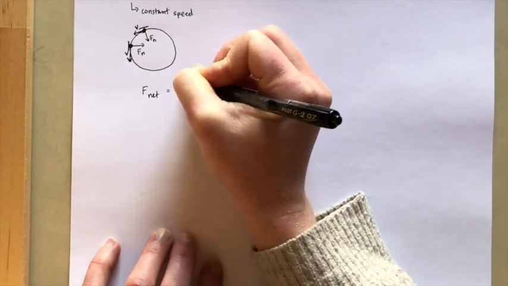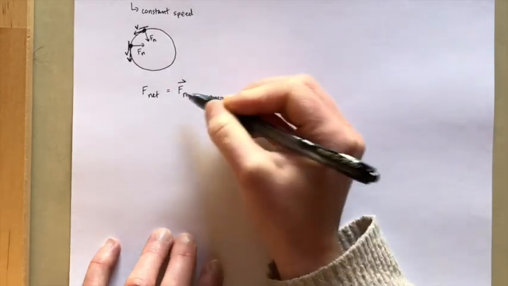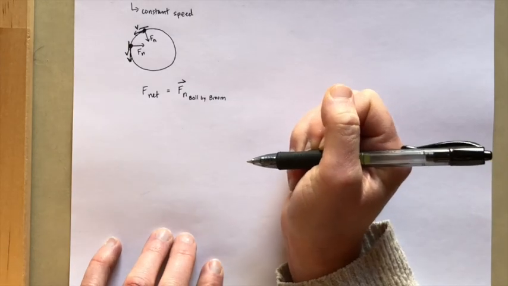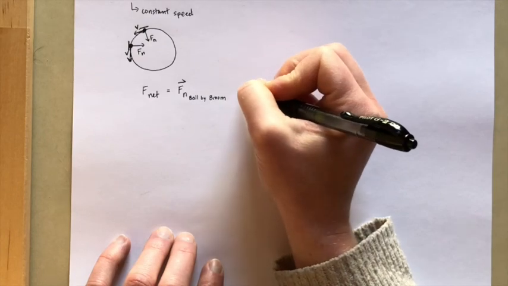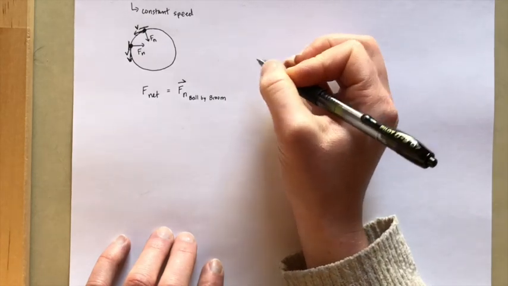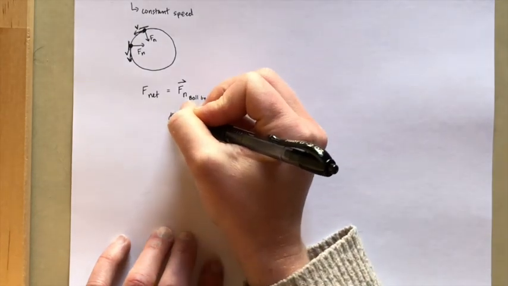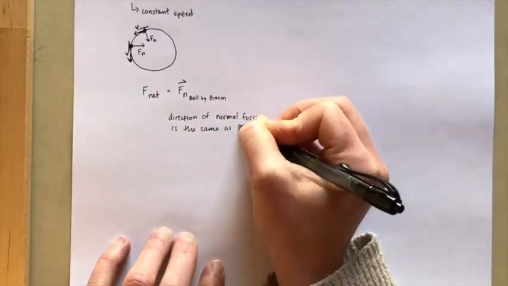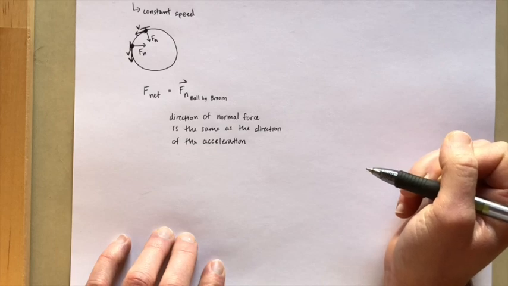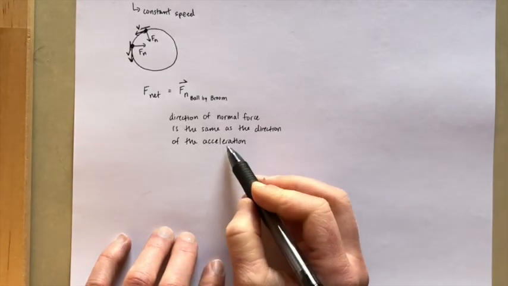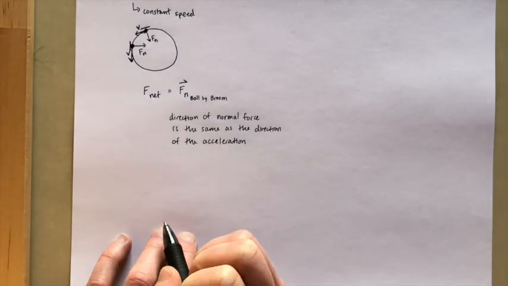The direction of that vector, so I'm going to put an arrow over here, representing a force vector, is the same direction as the acceleration. So in order to cause an object to accelerate, you have to have a net force acting on it, and the direction of the acceleration will be the same as the direction of the net force.